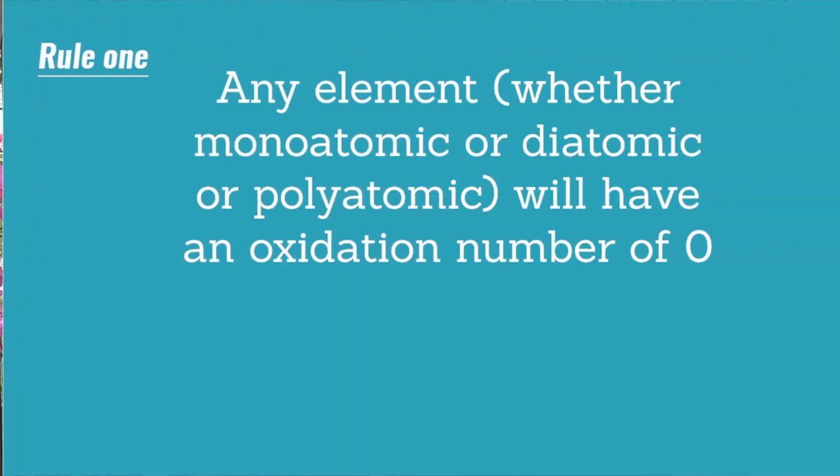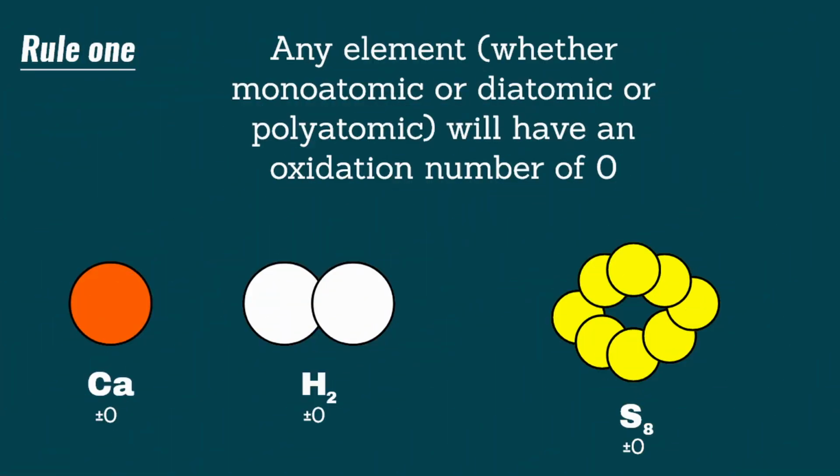Now, to assign this oxidation number, we have a set of rules. First, any element that is by itself will have an oxidation state of 0. So something like calcium, H2, or S8, all elements have an oxidation number of 0.